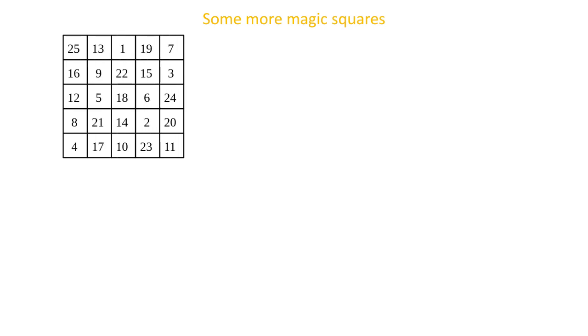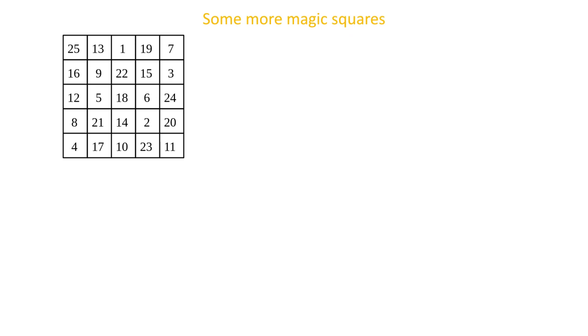Now I give you some more examples of magic squares. See the first one, it is a 5 cross 5 grid, which means 5 rows and 5 columns. Let us check whether it is really a magic square or not. If you check the first row, 25, 13, 1, 19 and 7, if you add all these numbers, you will get 65.